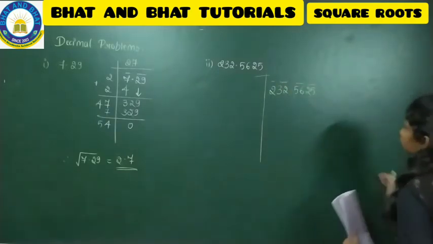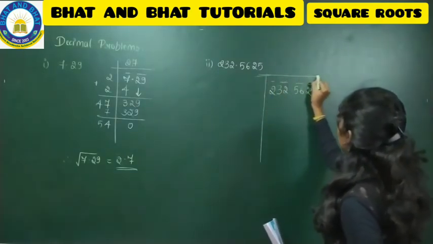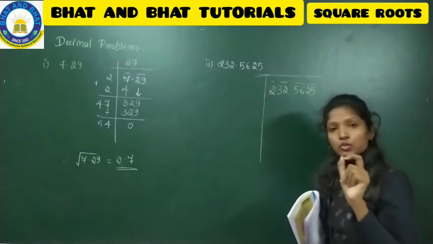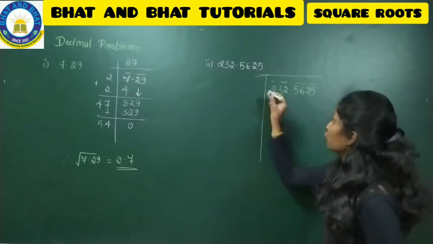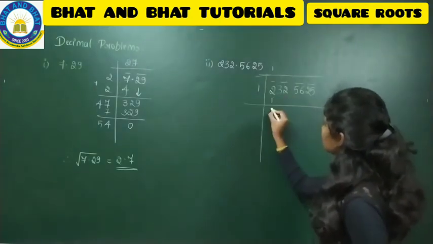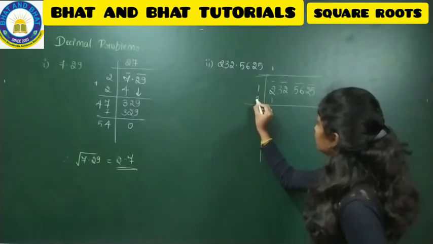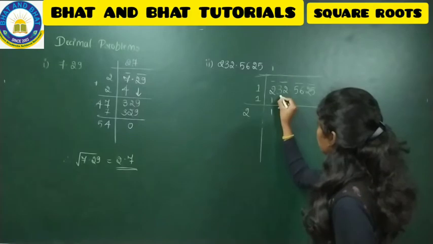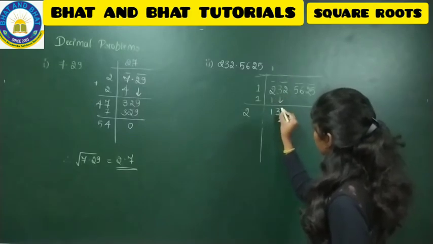Since 2 is only one pair, first we'll divide the 2. So 1 ones are 1 and the remainder is 1. Put the 1 here. 1 plus 1 is 2. Take 3, 2 down now.